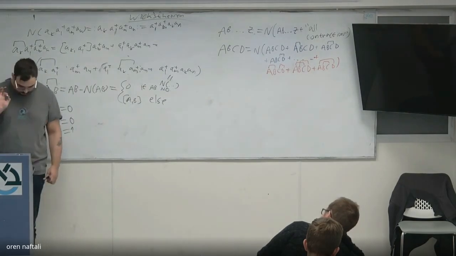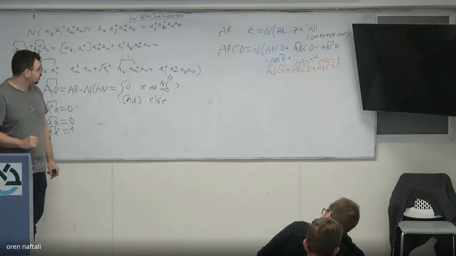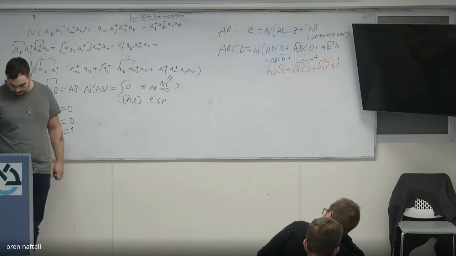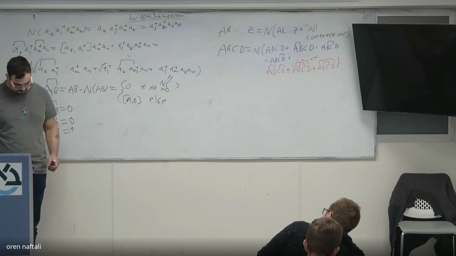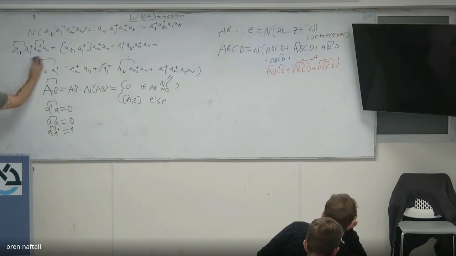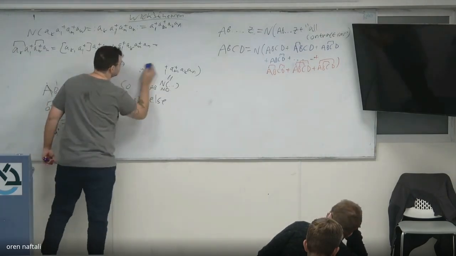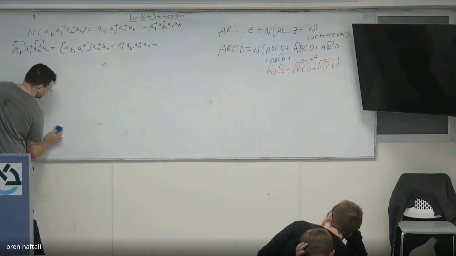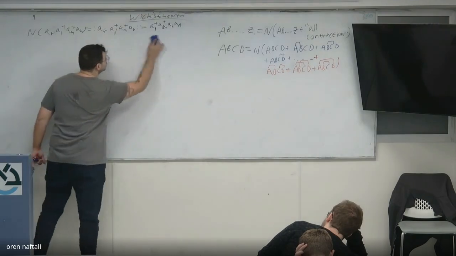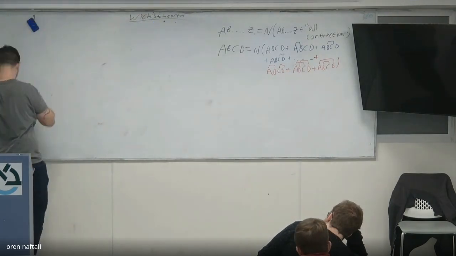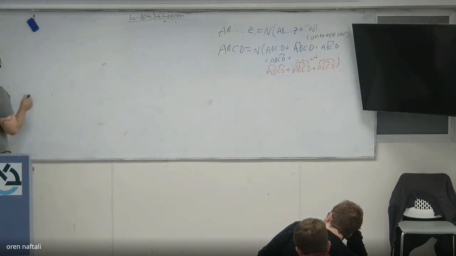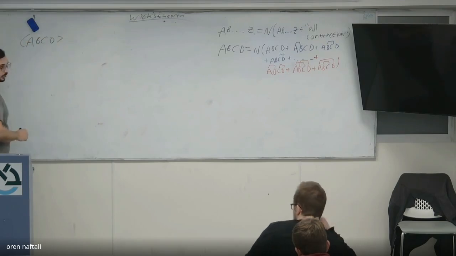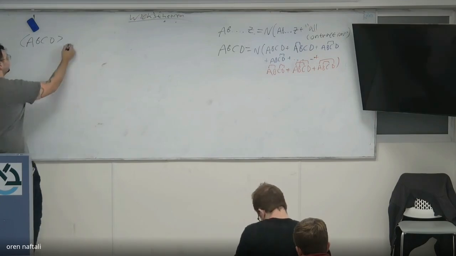So before we prove the theorem, we'll see what you can do with expectation values. Let's say again we have A, B, C, D. We want to know the expectation value for it.